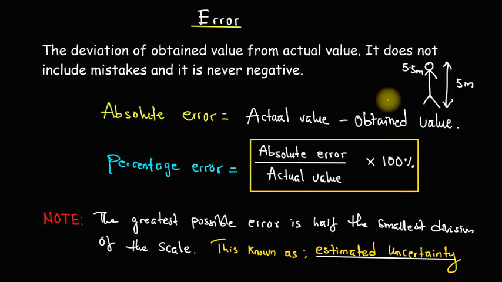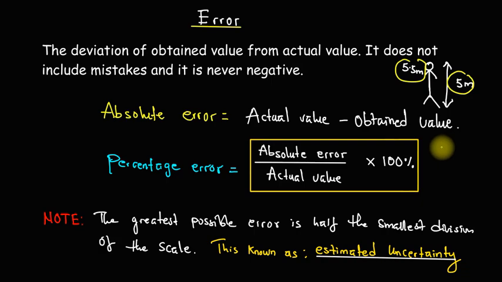The absolute error will be given by the actual value minus the obtained value, that is the measured value. So the error in this case will be 5.5 minus 5, which will give us 0.5, and that's our absolute error.